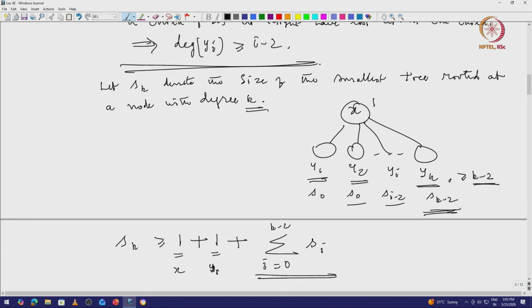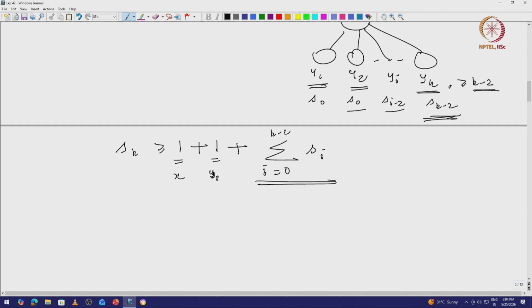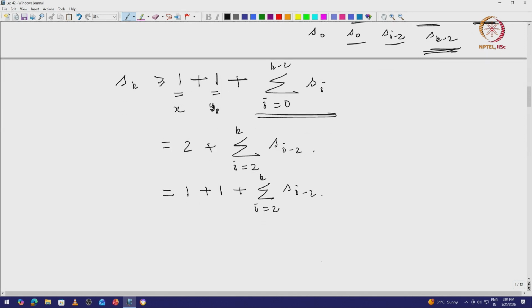So Sk is greater than or equal to 2 plus the sum of i equal to 2 to k, changing the index, of S(i-2), and this I can write as 1 plus the sum of S(i-2).